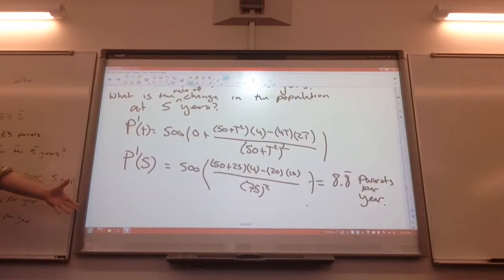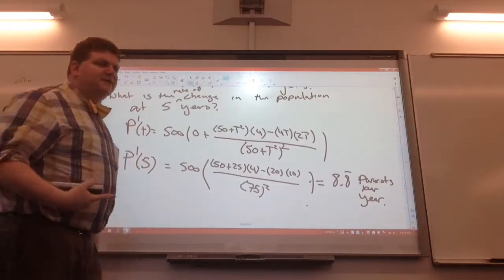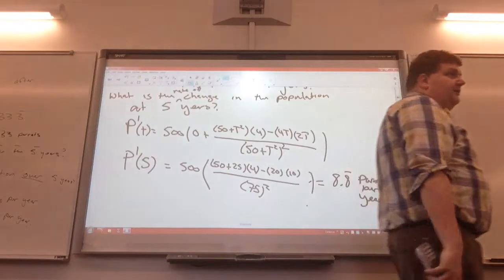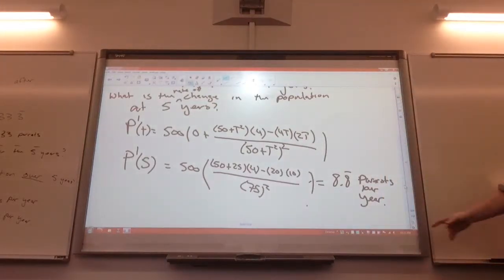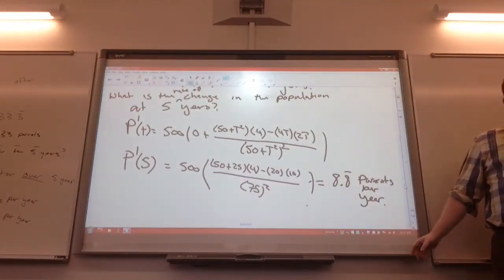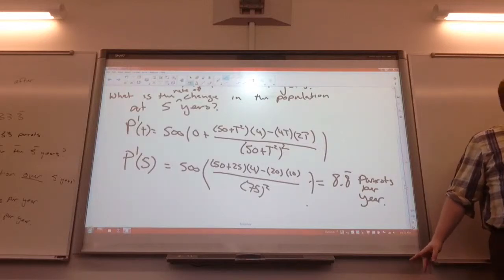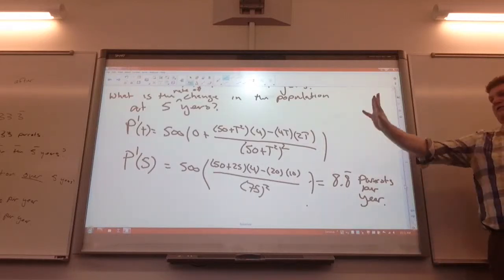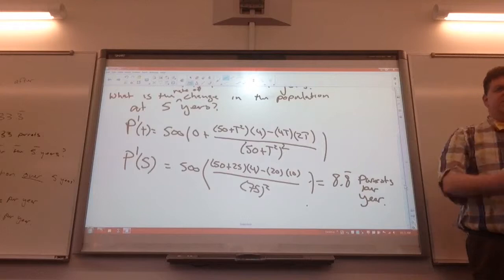It's either going to be 8 parrots this year or 9 parrots this year. 8.8 would imply it should be more like 9 parrots this particular year, but that rate of change they're going at is 8.8 parrots per year. So it's okay for your rate of change for things like parrots or people to be a fraction or a decimal. It's not okay for your finished number, the actual number, to be that.